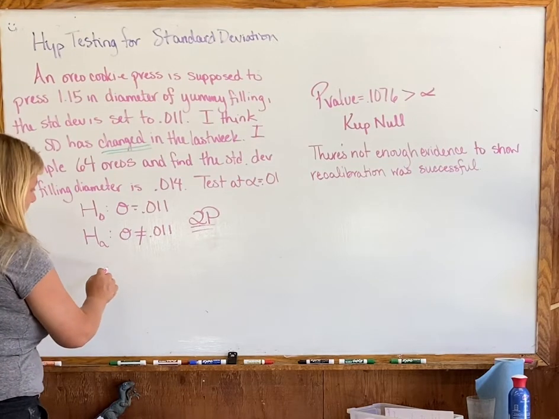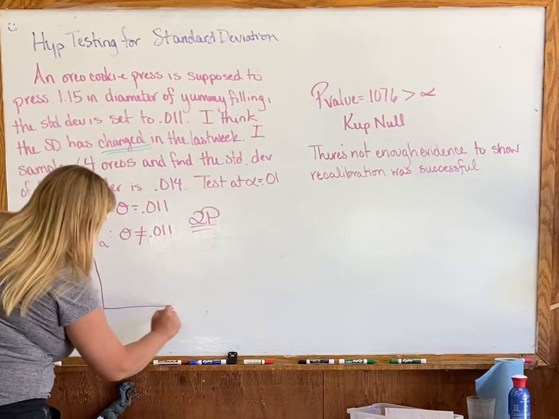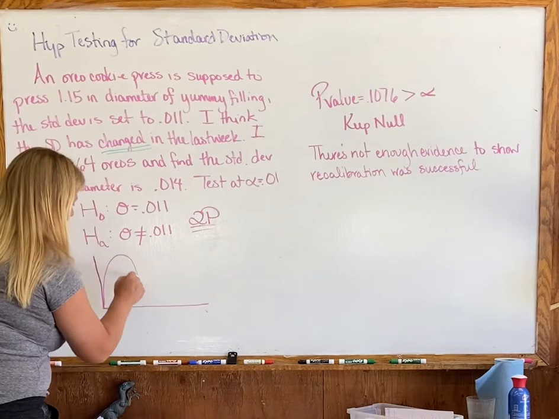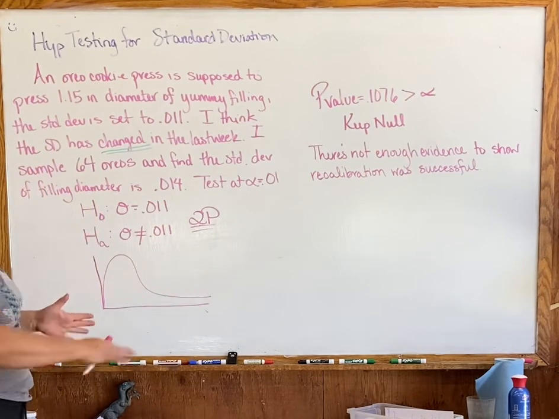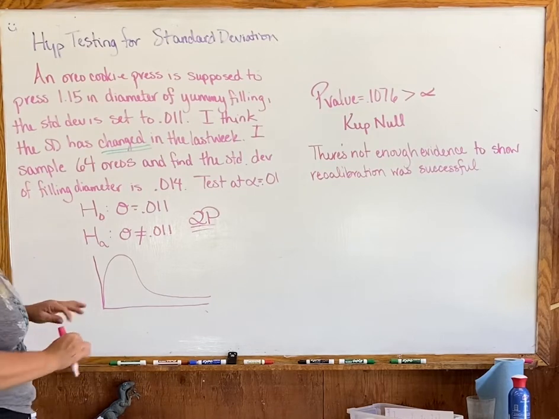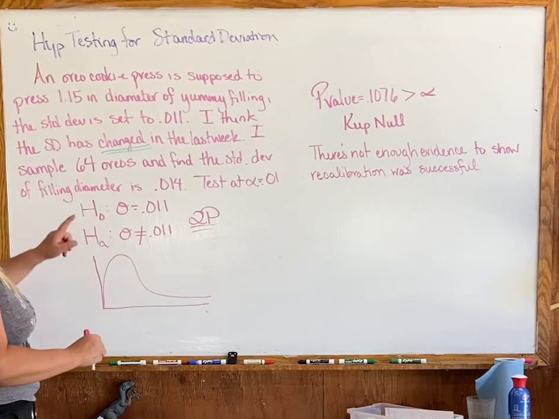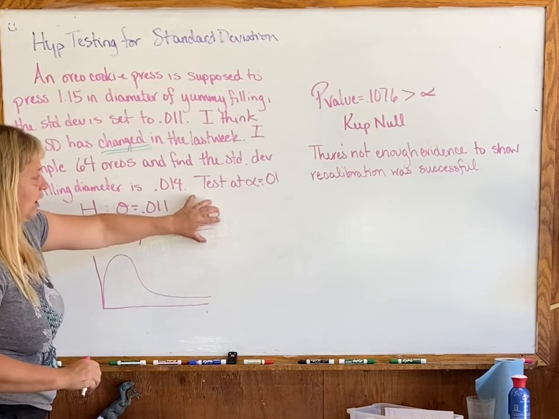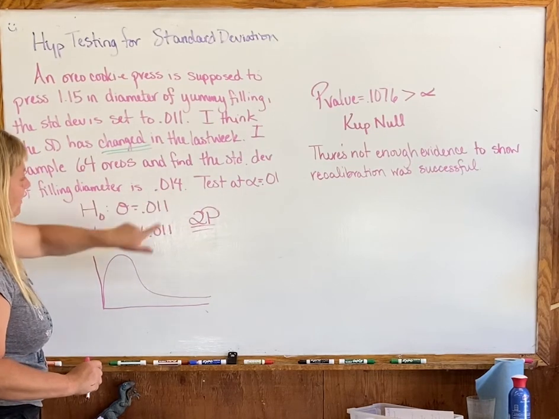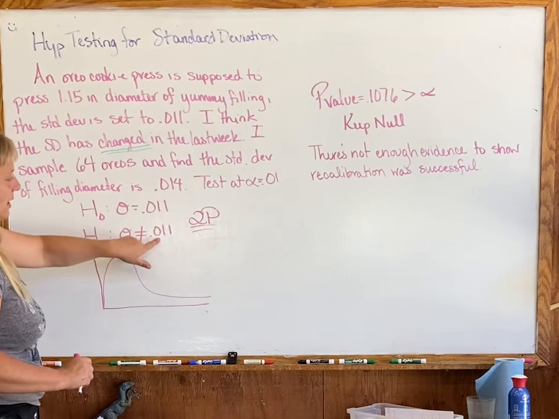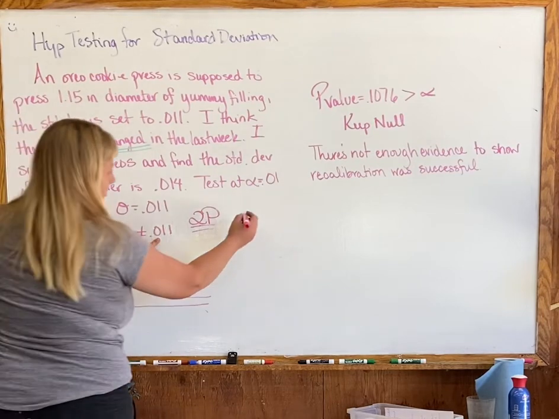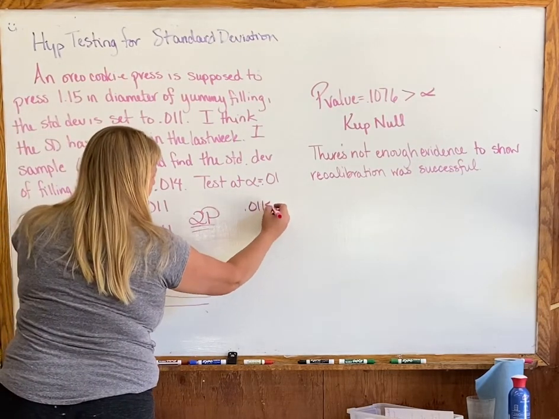Now, we draw our graph here again, and it is going to be a 2p, but what we need to decide, because things aren't symmetrical here, is which way we are looking. Even though that will come later, what I want you to notice is that 0.014 is bigger than 0.011, right?